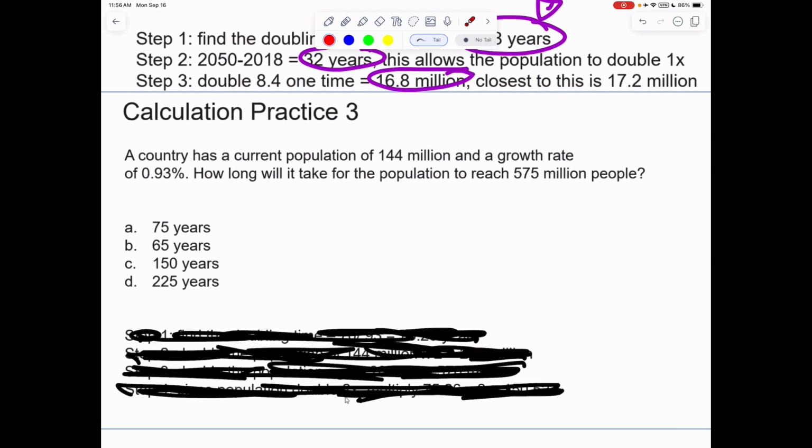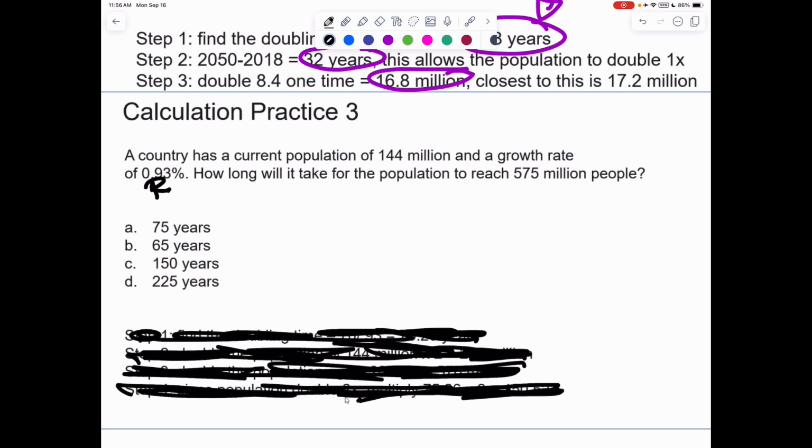All right, question 3. A country has a current population of 144 million and a growth rate of 0.93%. Remember, in your brain, this is our R value. How long will it take for the population to reach 575 million? So it looks like I'm going to be doing some doubling here.